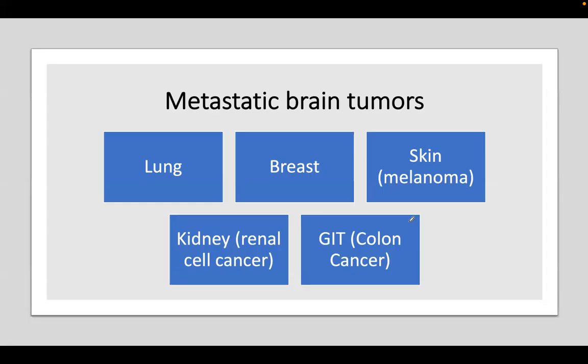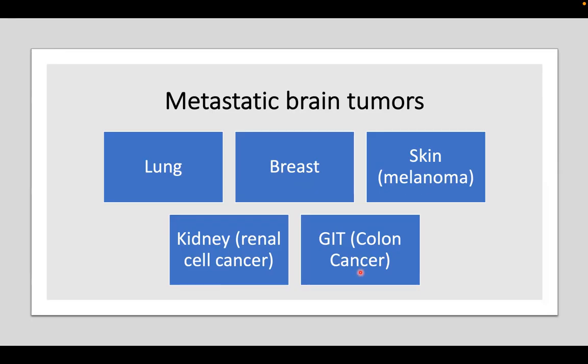Okay. Now, I would like to share this summary about the metastatic brain tumors. These are the most common primary cancers that will metastasize to the brain. We have lung cancer, breast cancer, skin or melanoma, kidney or renal cell cancer.